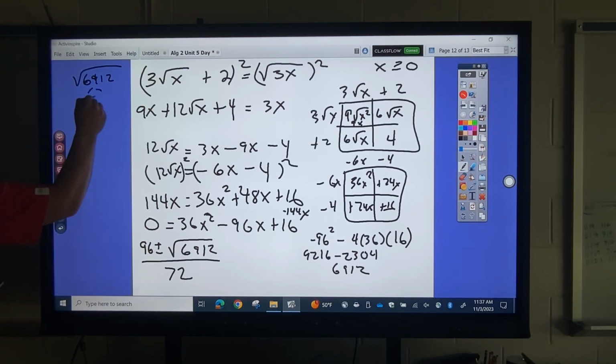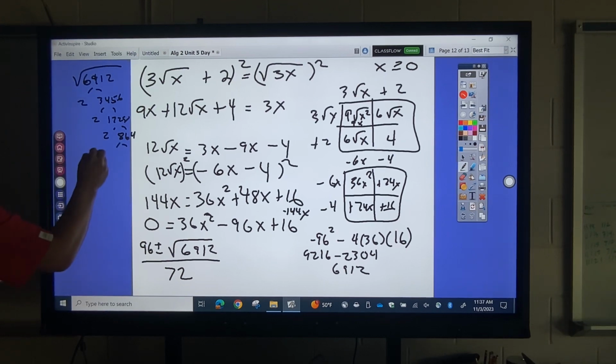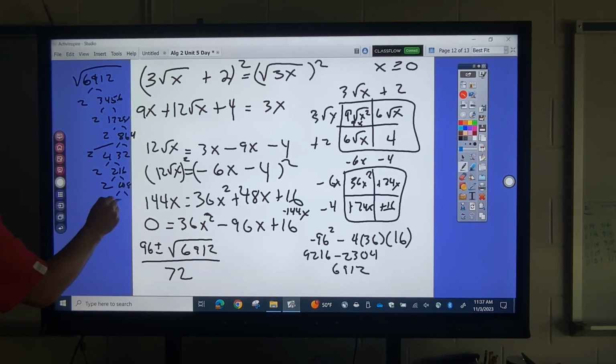Be 2, 3, 4, 5, 6, 1728, 864, 432, 216, 108, 54, 27, 3 and 9, 3 and 3.